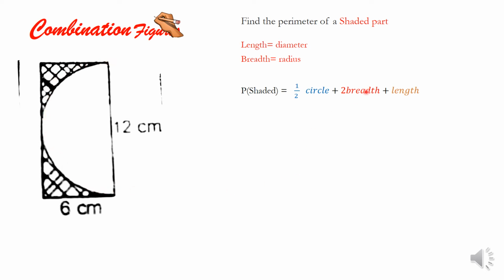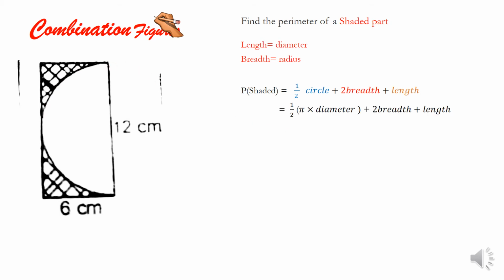We need that length. And we also need two breadths, one on top right there. And then this length plus this. So we add this length here, the breadth here, and then this length again, and the breadth there. So we need this half of the circumference of the circle.